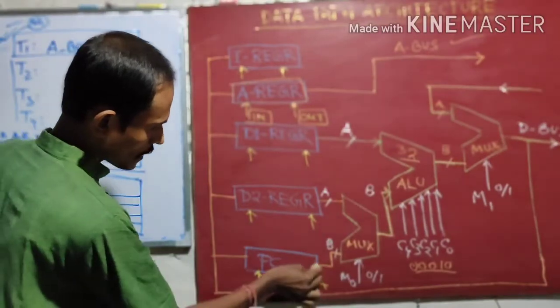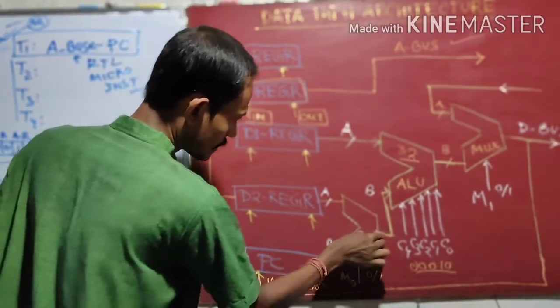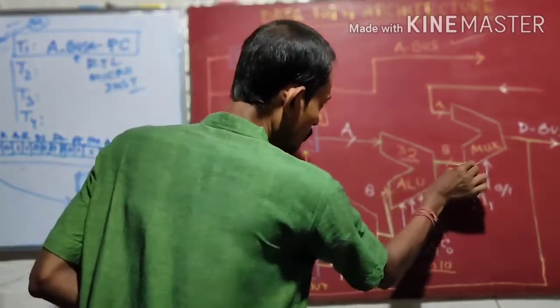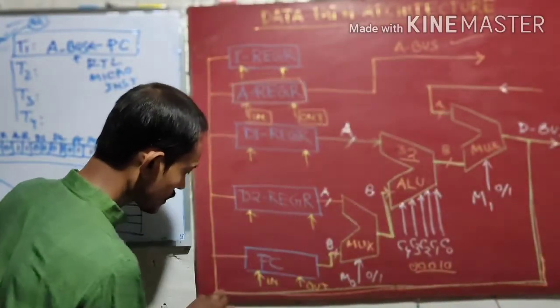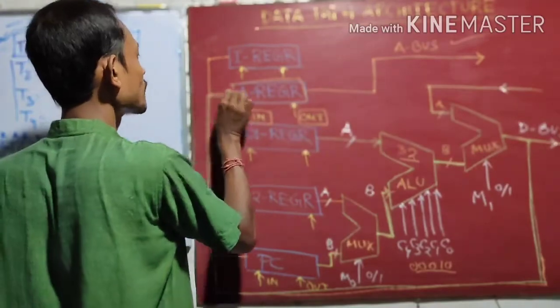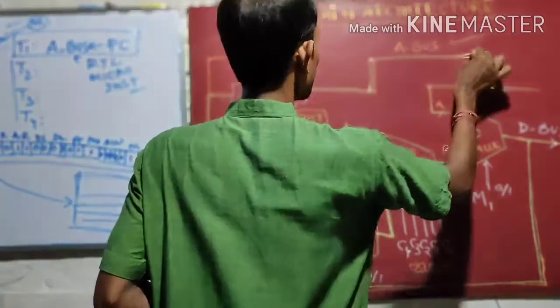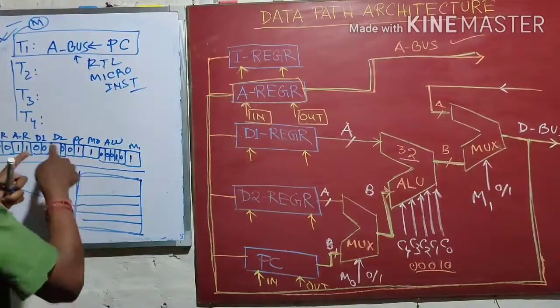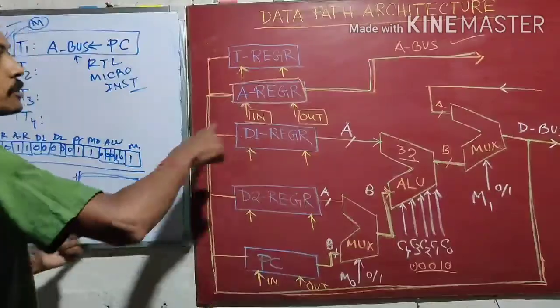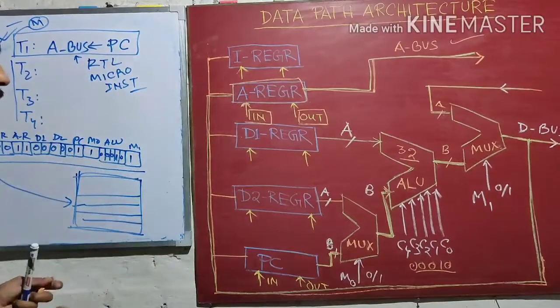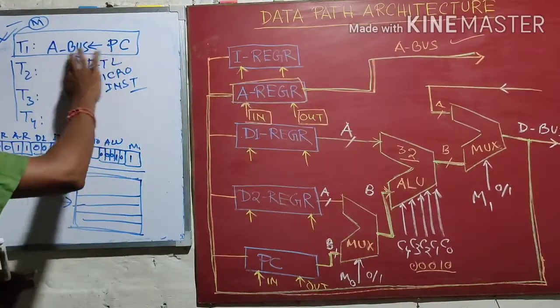So the data will go out from here, then go here, then here, then come here, and then come into the address register. By setting all these signals, the controller turns this particular path on, and one particular instruction state will be executed.